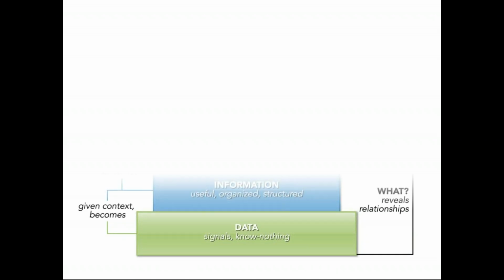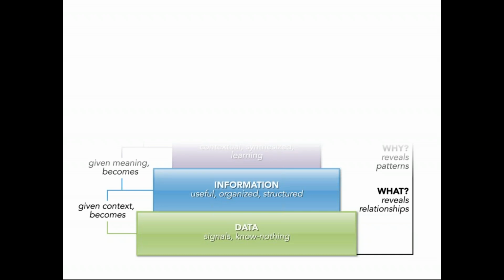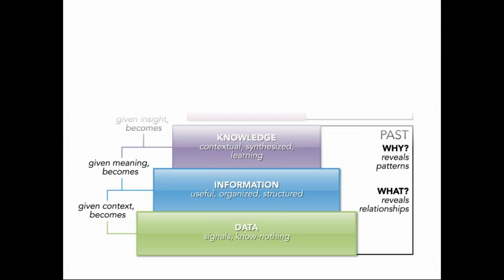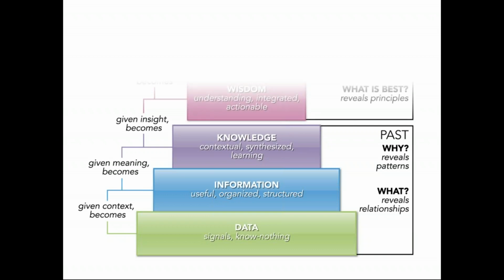At the very lowest level, we have something called data. When it has been processed, we get something called information. When information is further synthesized, we have knowledge. And when knowledge is further synthesized, we acquire wisdom.